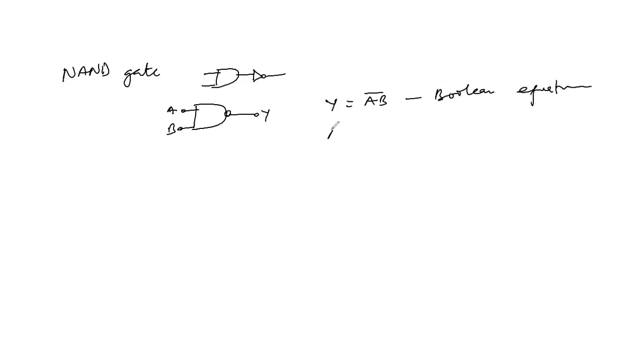All right, the truth table, A, B, Y. We have 4 possible combinations: 0 0, 0 1, 1 0, 1 1. If we have 0 0, this way, 0 times 0 is 0 here, and at this point it's inverted.